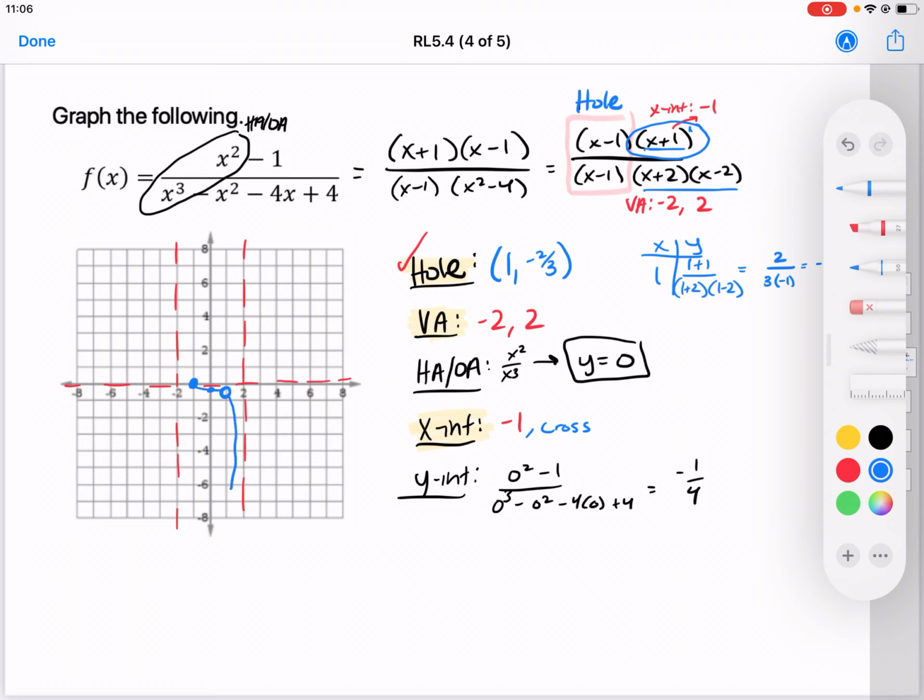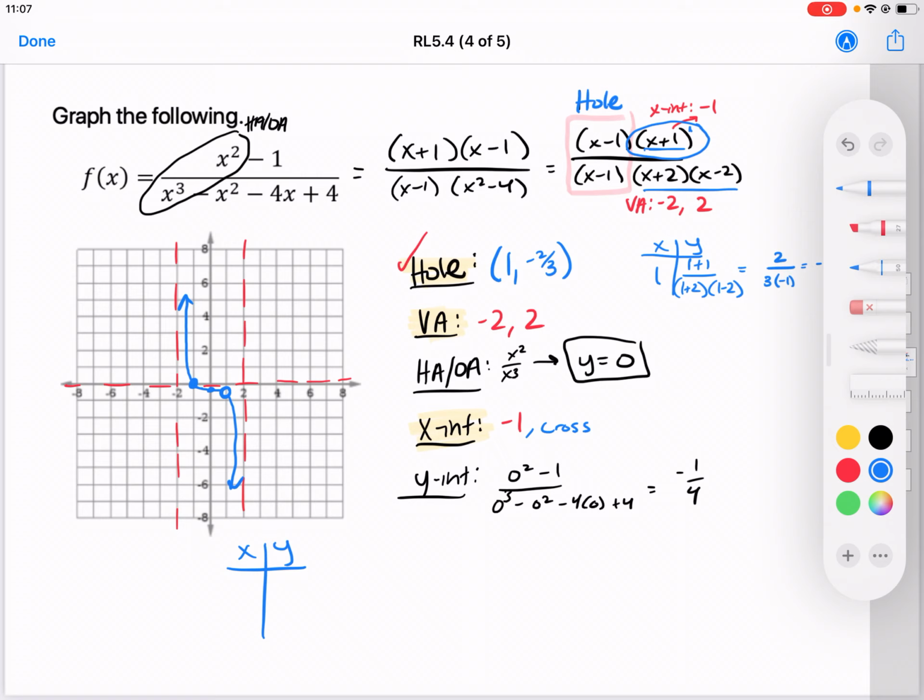I can't have another x-intercept, so it's going to go down. This x-intercept crosses, so I'm going to go through it. It's going to look kind of like a little cubic function in the middle, if it crosses. Now I want you to note that it is crossing your horizontal asymptote in the middle. That will happen in the middle sometimes. On the far ends, you're just going to approach the asymptote. And in fact, we need to figure out what happens in those far ends.